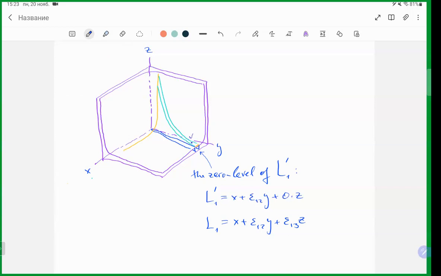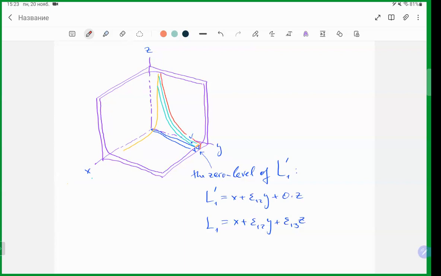And if I look at the actual first linear form, then it will give me such a red plane. And still the point V will be pretty close to the red plane also, okay?